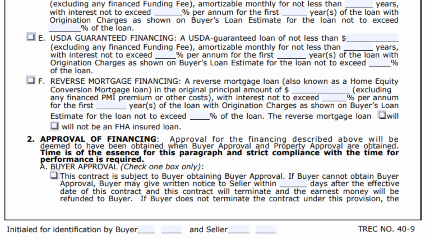However, if switching your loan type causes the seller to have to go through some extra steps or make extra repairs, or it affects the appraisal, or something changes because you changed your loan, that's where you get into a little bit more of a gray area. FHA loans, VA loans, USDA loans all have a lot more stringent inspection requirements when it comes to the appraiser going out and inspecting the property compared to conventional.